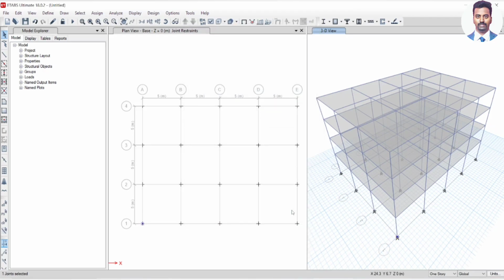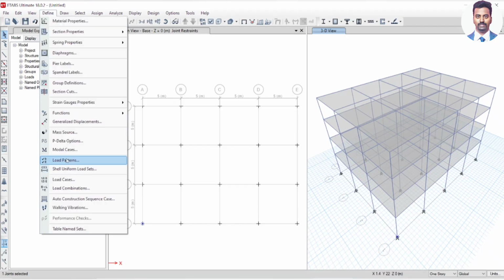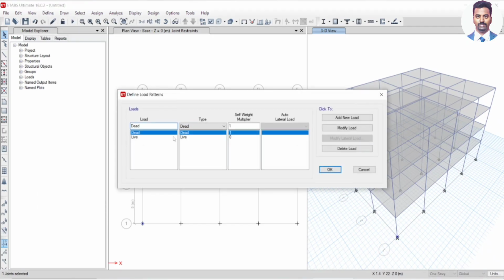Now let us provide the dead load and live load. Define load patterns, the self weight, and hence we shall provide the dead load as 0, and we are providing super dead load, which consists of the slab weight and whatever the masonry weight, etc., as super dead load.